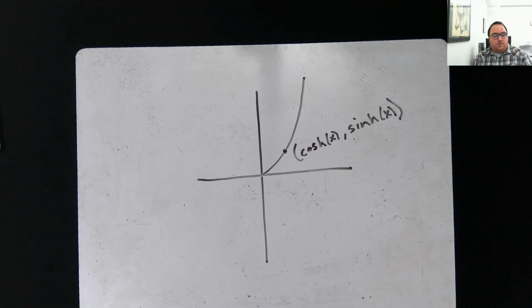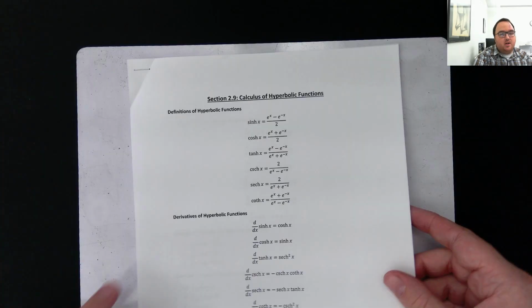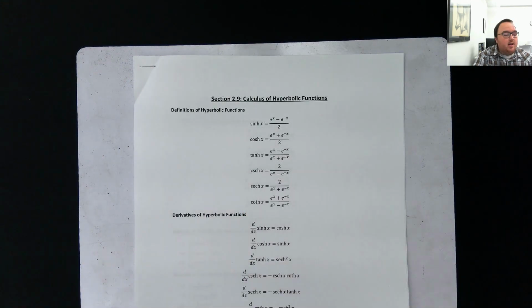Okay. For the purposes of this class, a really nice way to define the hyperbolic trig functions is like so. Hyperbolic sine, which is sinh, is e to the x minus e to the negative x divided by 2.